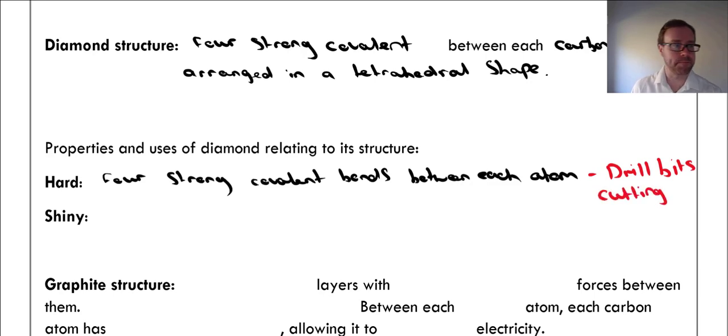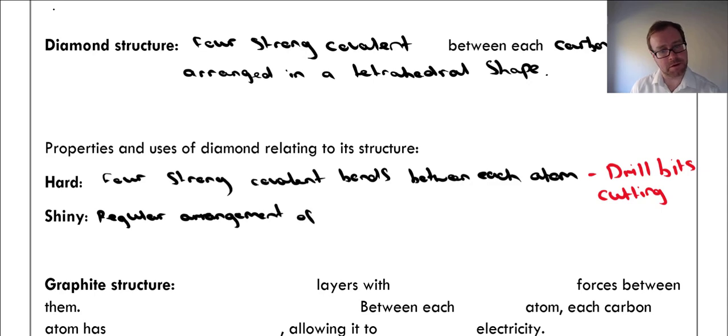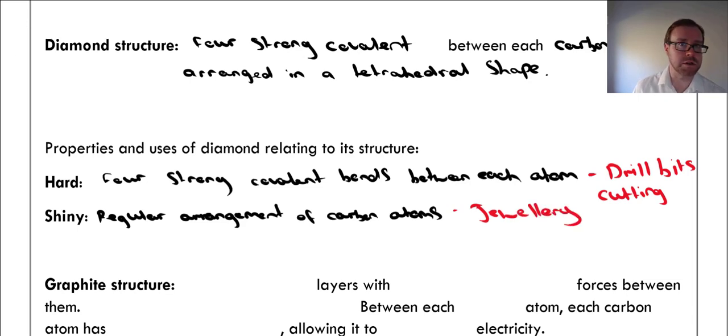So cutting. Diamond is also shiny, and that's because of the regular arrangement of the carbon atoms. And because it's shiny and because it's pretty rare, we use it to make jewelry.